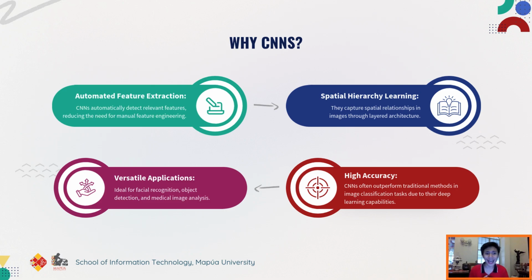Third, CNNs demonstrate outstanding accuracy across various applications, including autonomous vehicles, facial recognition, and medical image analysis. Their adaptability and high performance make them a preferred choice for both academic research and real-world deployments.